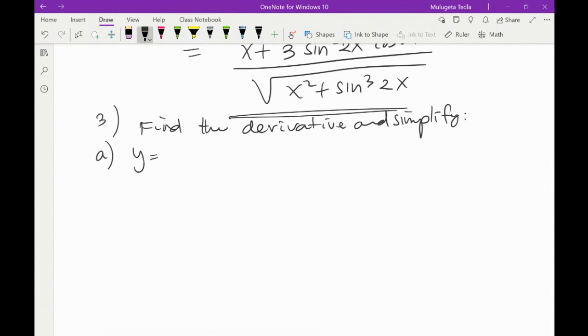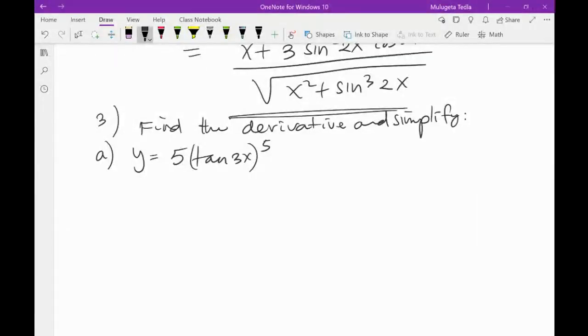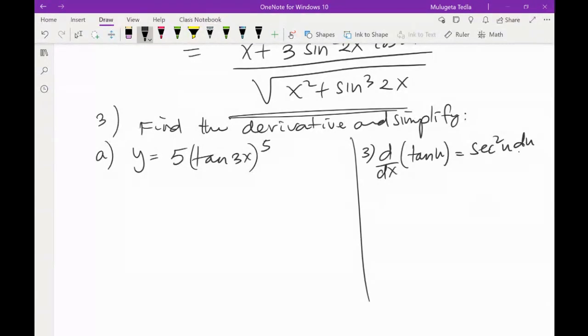So a, y equals 5 tan of 3x to the power of 5, I guess. Again, we need a formula, like we have to populate more formulas. Number 3, the derivative of tan of u, we did it. It is secant squared of u times the derivative of u. Number 4, the derivative of cotan of u is minus cosecant squared of u du by dx.